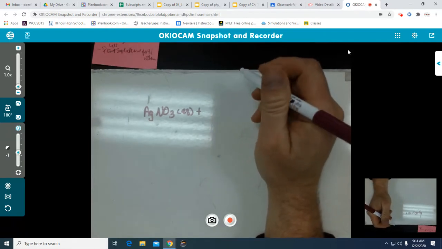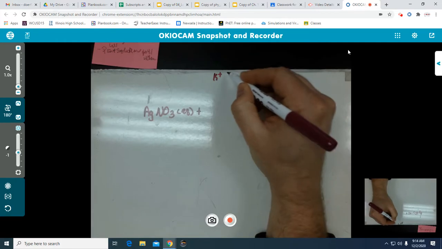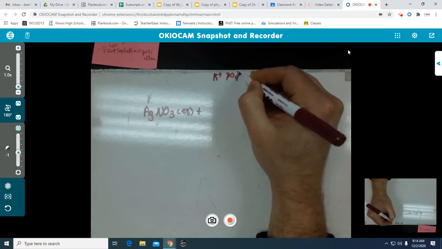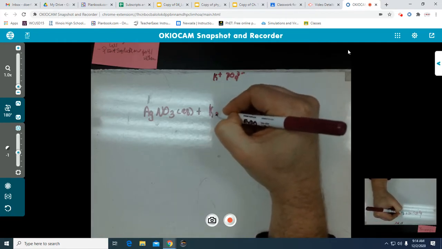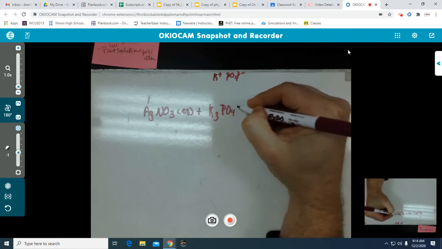Phosphate has a 3- charge. Potassium, 1+ charge. So we get the formula K3PO4, aqueous.